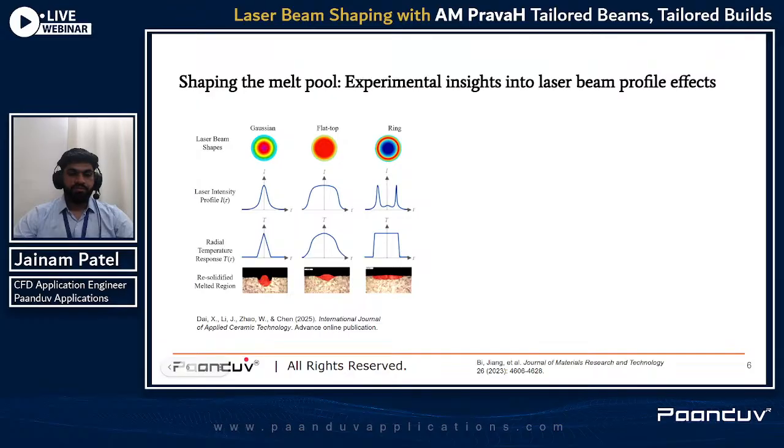The ring-shaped beam creates a hollow intensity pattern that can reduce peak heating and help to control vaporization, minimizing defects like keyholing. In contrast, the Gaussian beam, which has a sharp peak in the center, tends to concentrate energy in a small area. This causes steep thermal gradients leading to instability and higher chances of defects.